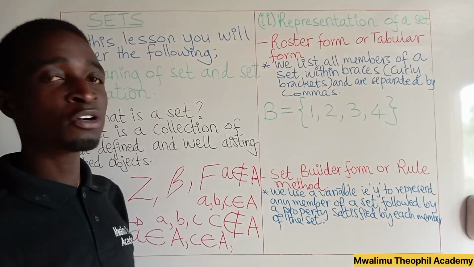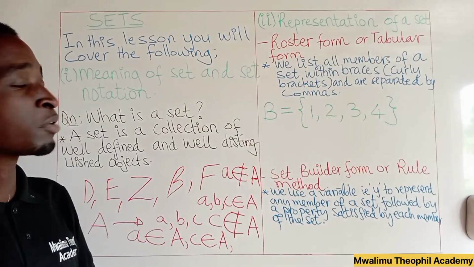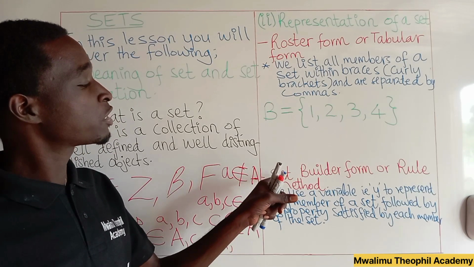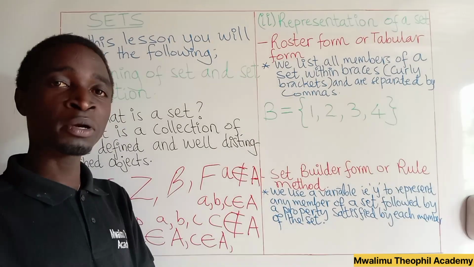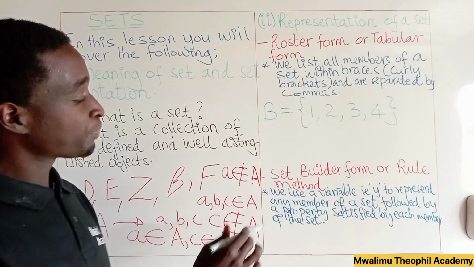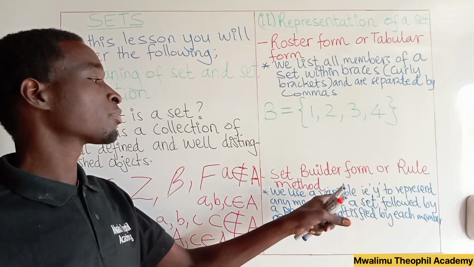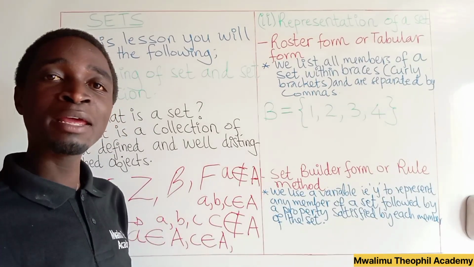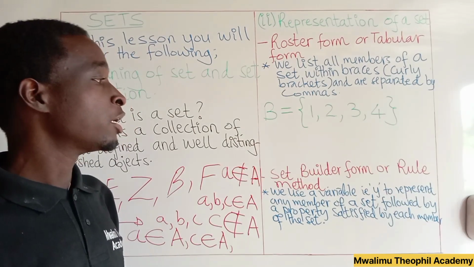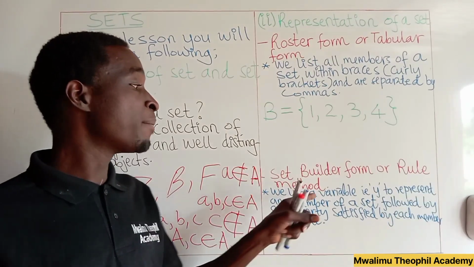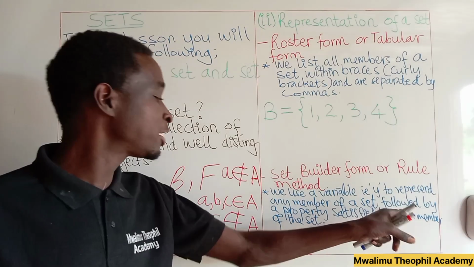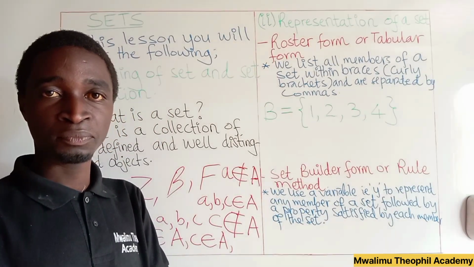After the first method of representing a set, which is roster form or tabular form, let us see a second method. This is using set builder form or rule method. How is this method? We say that we use a variable, for example, y, or maybe x, a, b, whatever, to represent any member of a set, followed by a property satisfied by each member of the set.